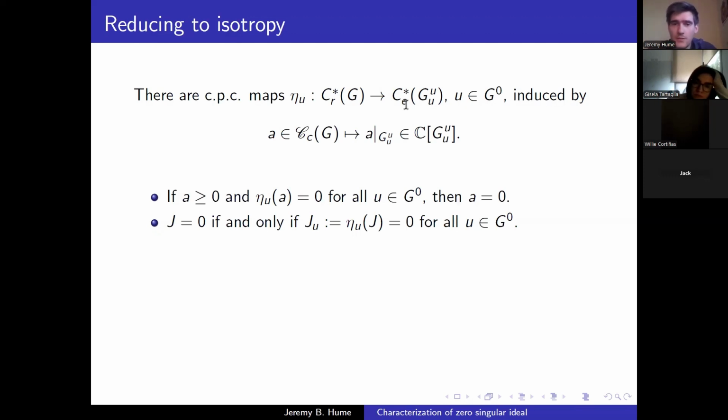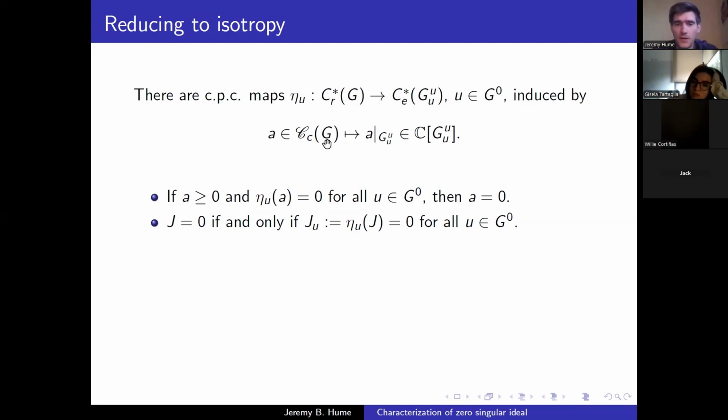It's not necessarily the reduced one; E is potentially an exotic norm. These maps are induced by restriction of elements of curly C to their values on the isotropy.